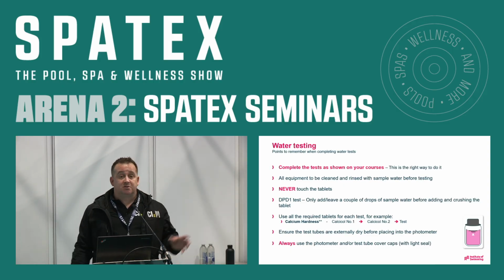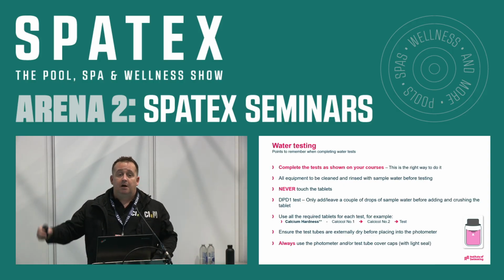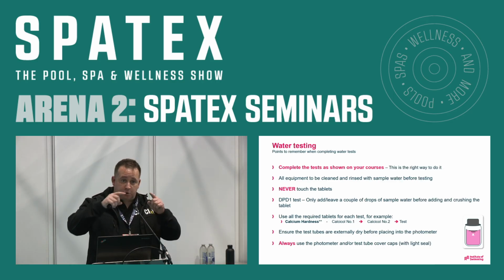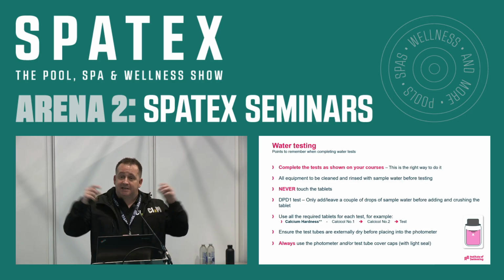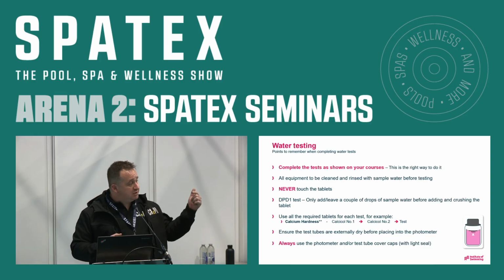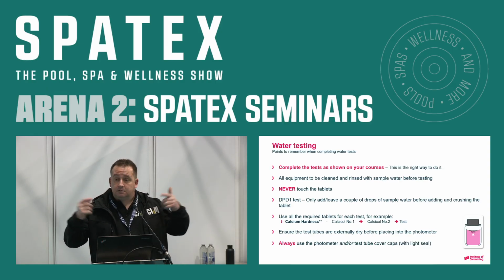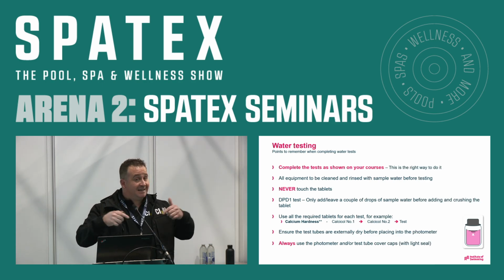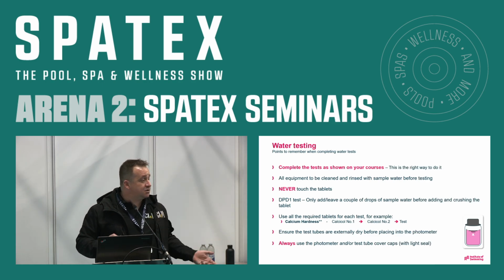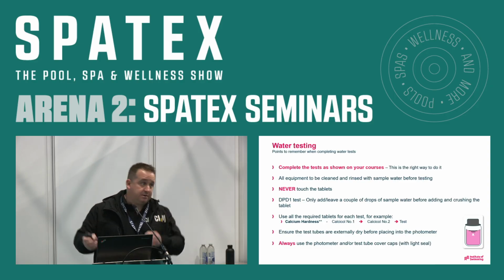Some of the older ones have got a cup that goes on top as well. The Lovibond system's screw lid has a nice little collar around it, so when it's sitting flush in the machine, that little collar blocks any outside light. Because remember, the machine is using light to read the strength of the colour. So we don't want any external light getting in there. I've seen people do that with no lid on it at all, and it's like light out the window.